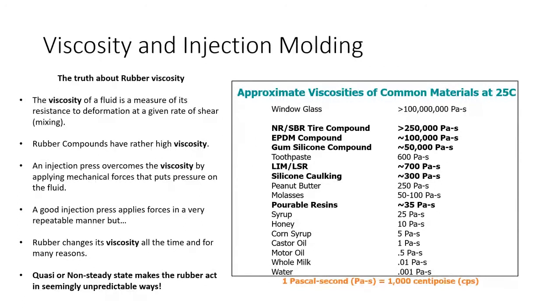And really, when you look at the viscosities of material, and I've put these in household items, anywhere from water, a glass of water I have sitting here, very low viscosity, all the way up to some of those very tough, high green strength natural rubber SBR tire compounds, and even window glass. If you're staring out a window right now through my talk, know that window glass is also a fluid, but very, very high, 100 million Pascal seconds kind of numbers.